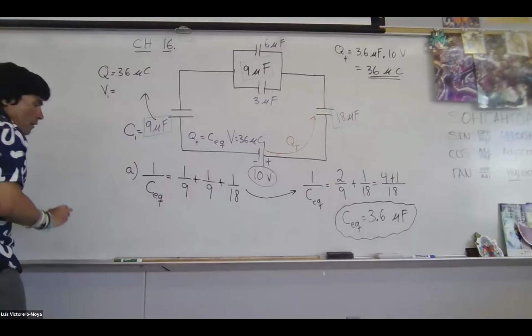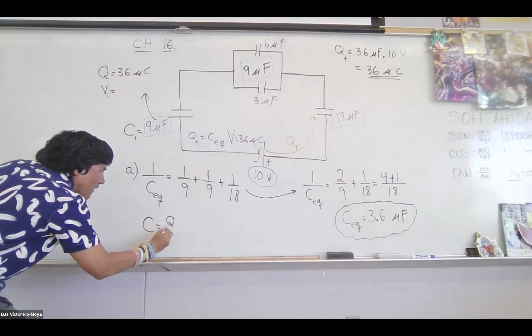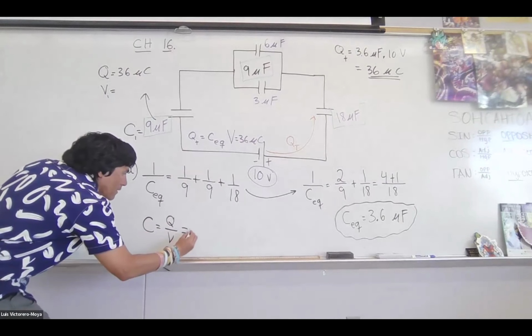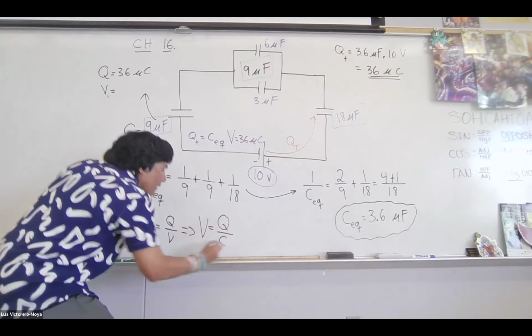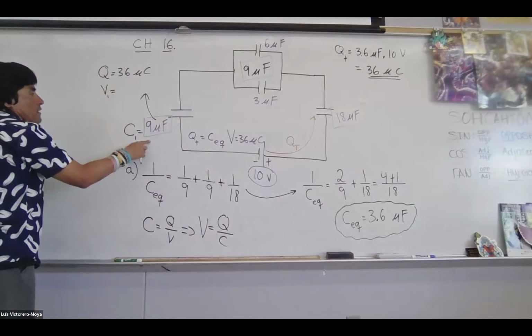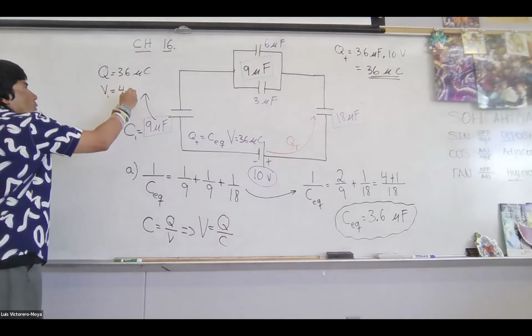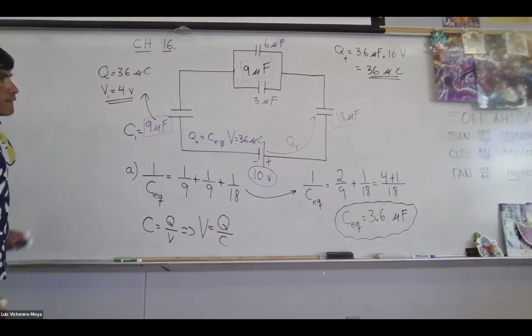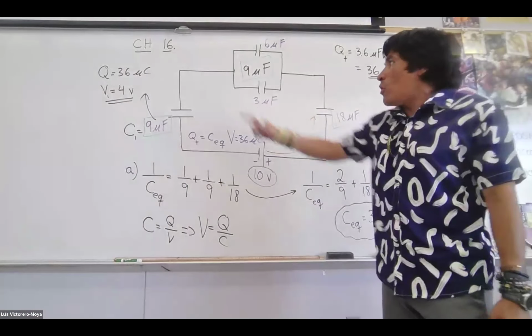If you remember, C equals Q divided by voltage. That means that voltage is Q divided by C. Q divided by C, micro cancels, 4 volts.